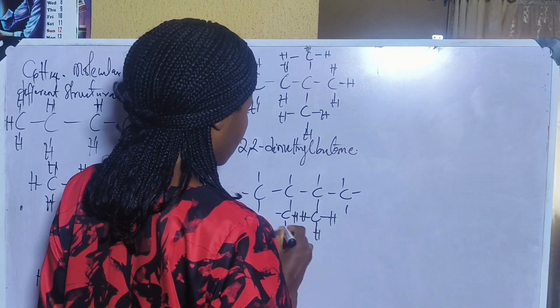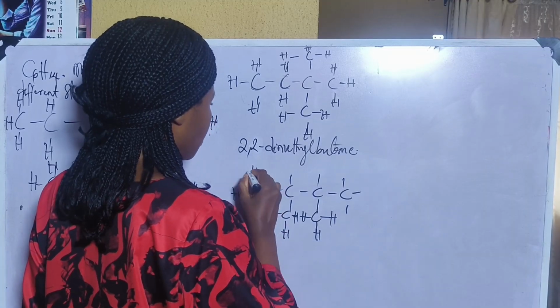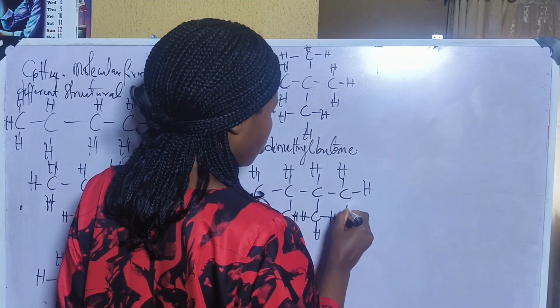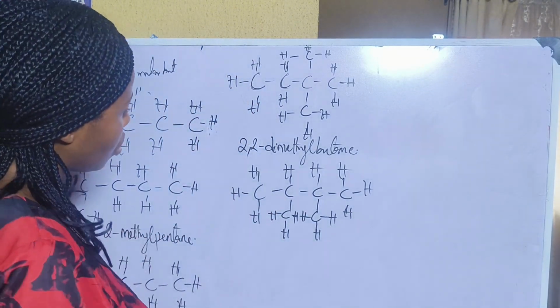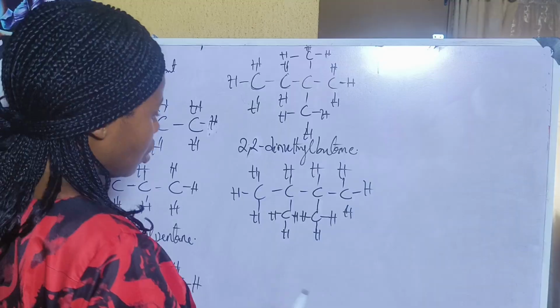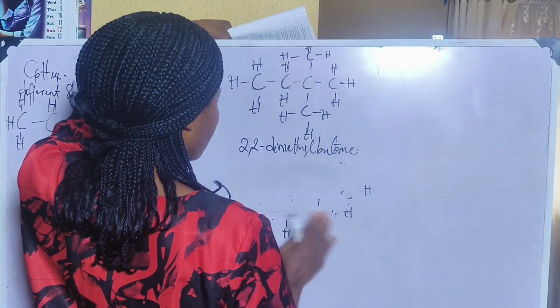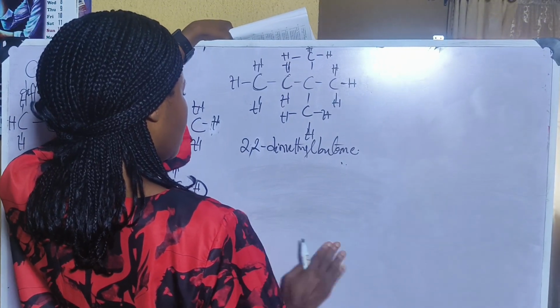H here, H here, H here, you space it when you are writing. Space them, please. When you count, you find out that hydrogen is 14, carbon is still 6. Let me not tell you to do something that I'm not doing. Let me do it.